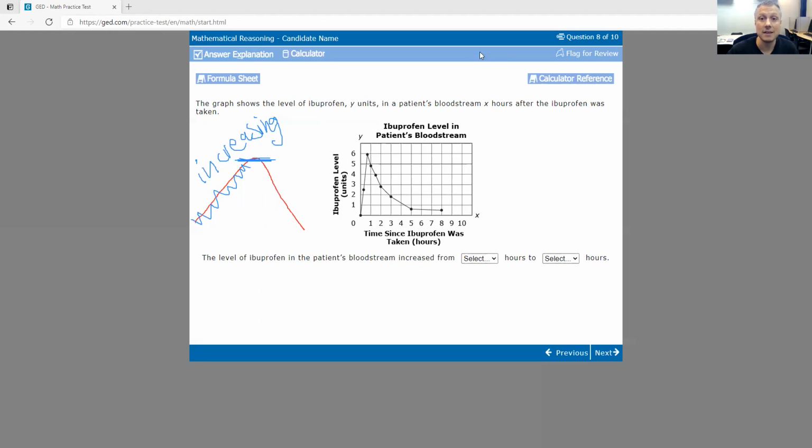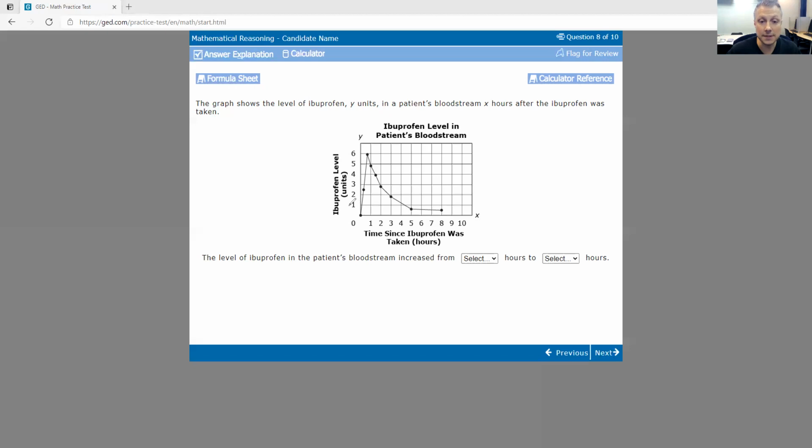And then as you start to come down this way, this area right here, we call it decreasing. So when you go up it is increasing from left to right, then you're constant or not actually changing, and then you're decreasing, right? So an increase here, a decrease here, flat, we call it constant.